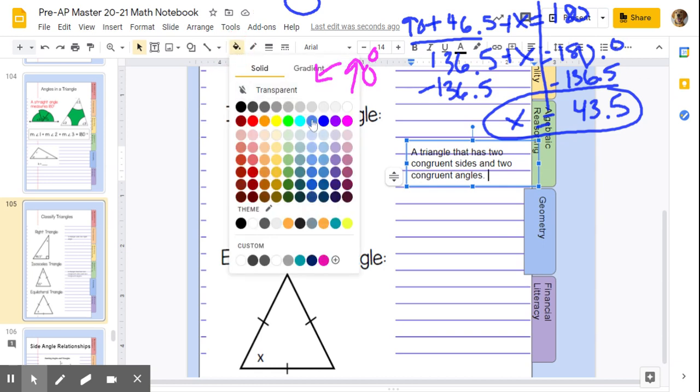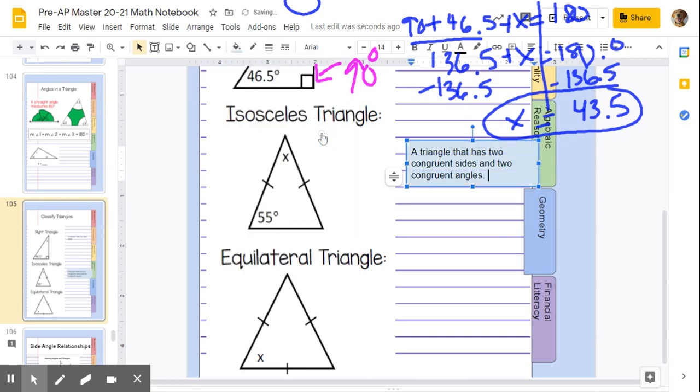So it has two equal sides and two equal angles. These tick marks right here, this tick mark here and this tick mark here, tell you that those two sides are congruent, meaning that they are exactly the same. So if this angle is 55 degrees and it's across from one of the congruent angles, that means we can say that this angle is 55 degrees as well. And then you would be able to go ahead and solve for the missing angle of that triangle.